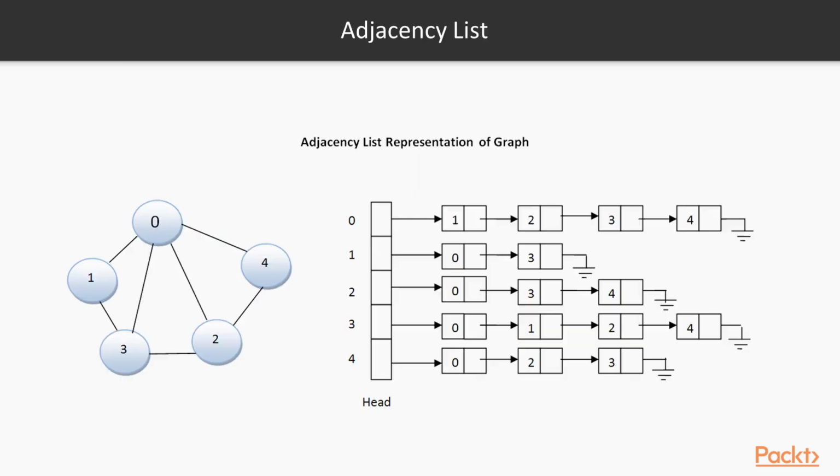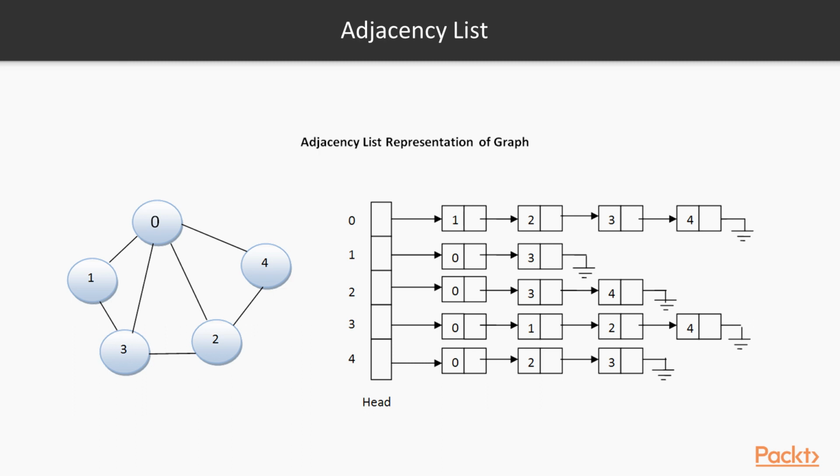We will create a graph using an adjacency list. This is a representation of a graph that uses a list of arrays or an array of arrays. So here we have a graph with 5 vertices, 0, 1, 2, 3 and 4.